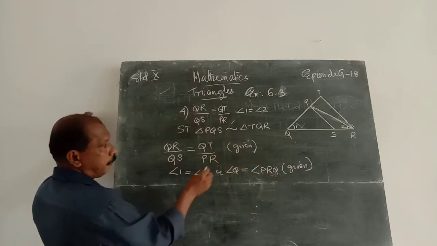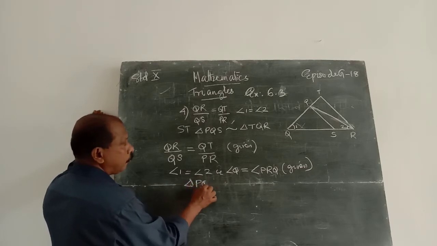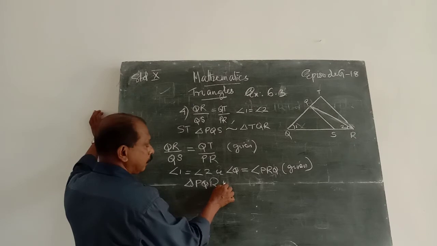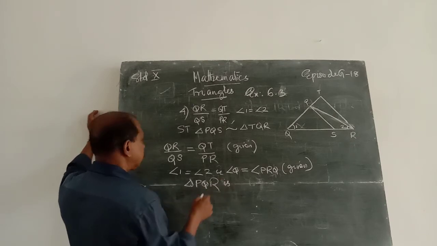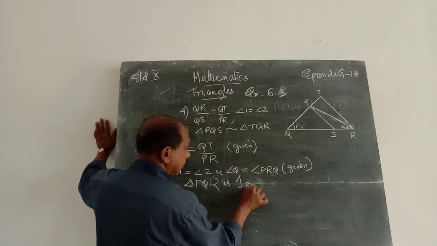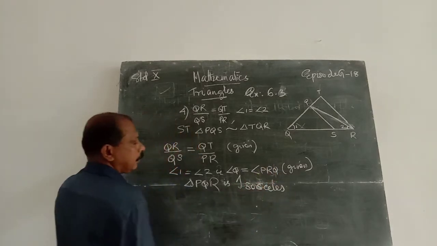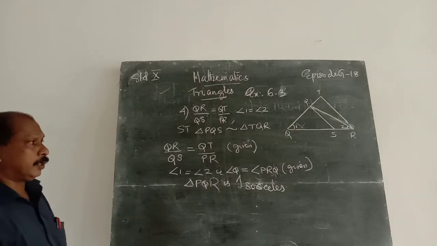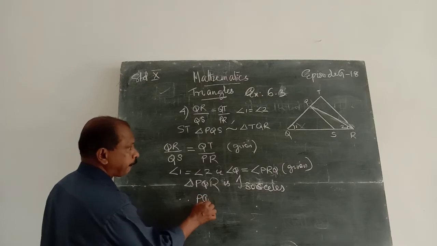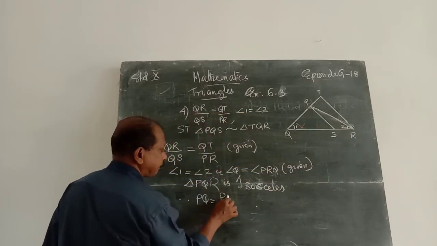Therefore, we know that triangle PQR is isosceles. Therefore, PQ is equal to PR, the opposite sides.